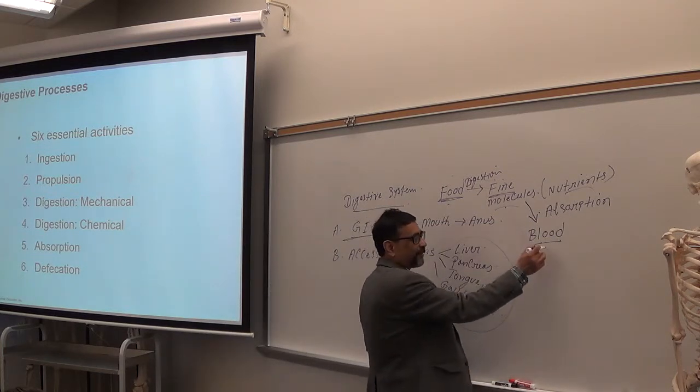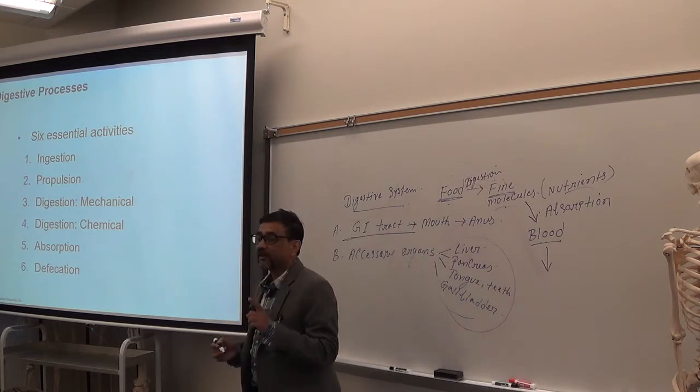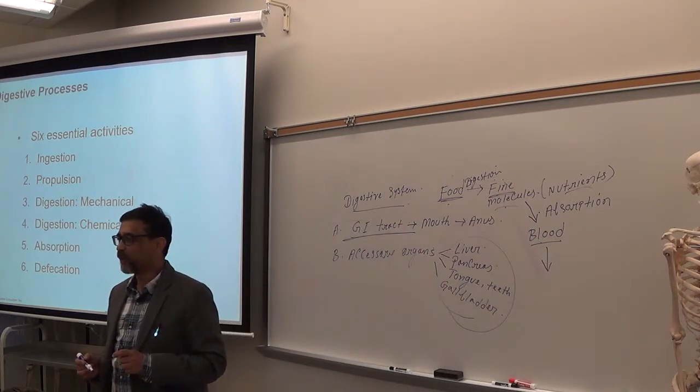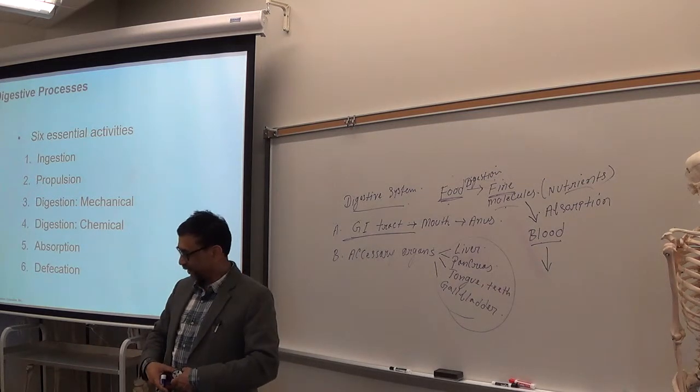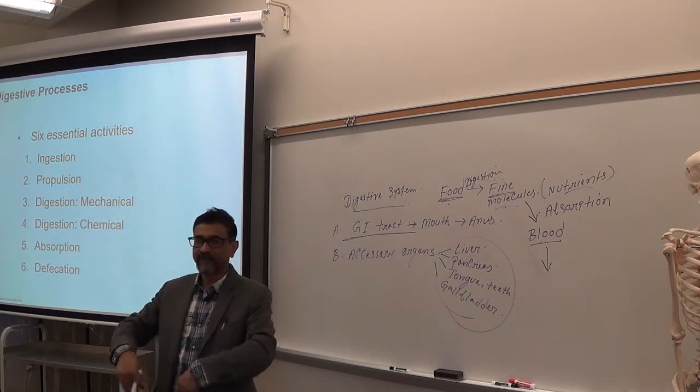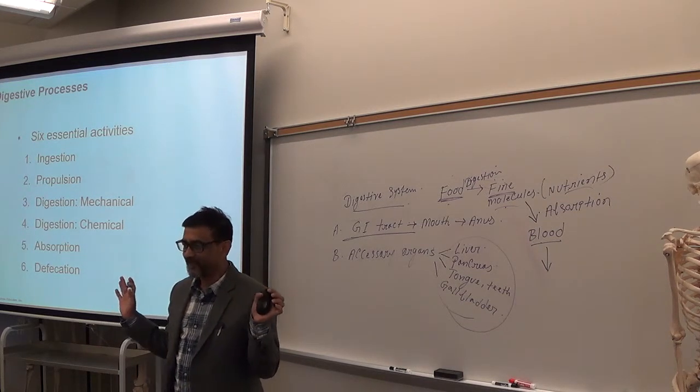And then the foodstuffs that are not taken into the blood remain in the GI tract, right? And eventually get out from the body as feces, and that is called defecation. Make sense?